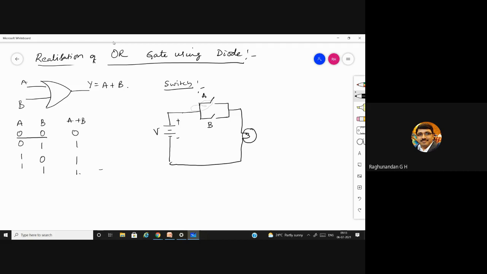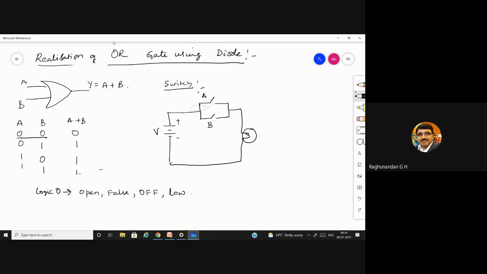Now let us take the first case. A is equal to 0, B is equal to 0. As A is 0, I'll just tell you one thing. Logic 0 means, in other words, the words being used are open, false, off, low. These are the different words that are used for logic 0.